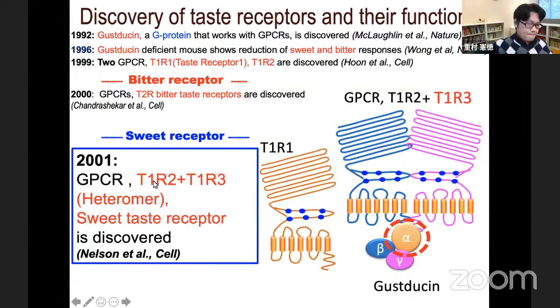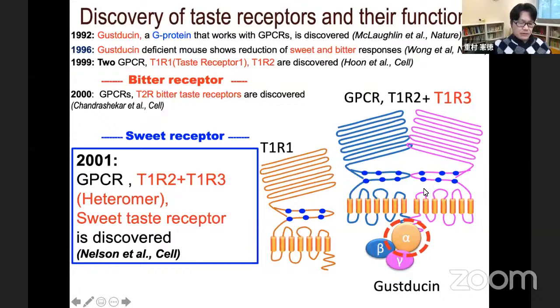In 2001, T1R2 was revealed to function as a sweet taste receptor combined with a new member, T1R3.